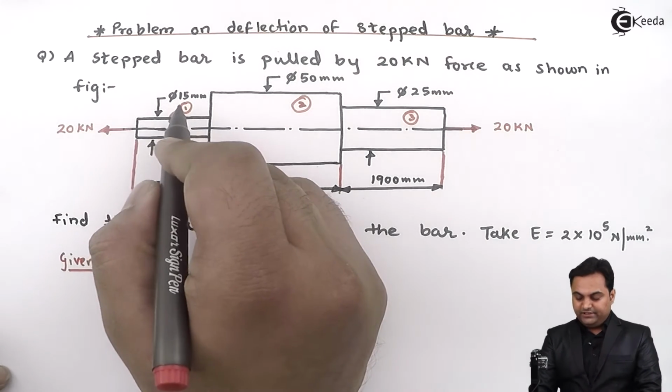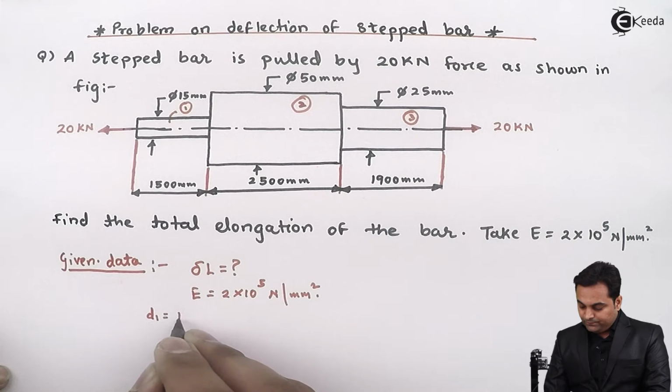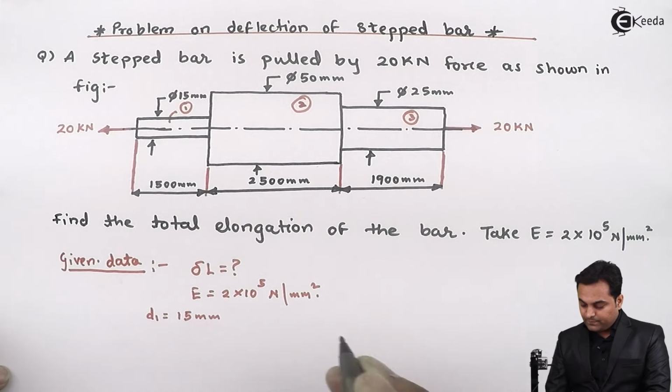So the diameter of the first section is 15, so D1 is equal to 15 mm.